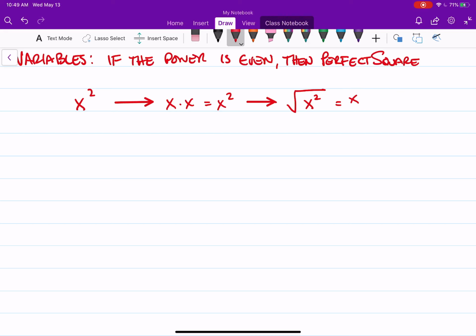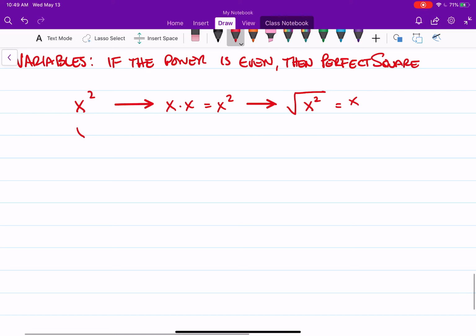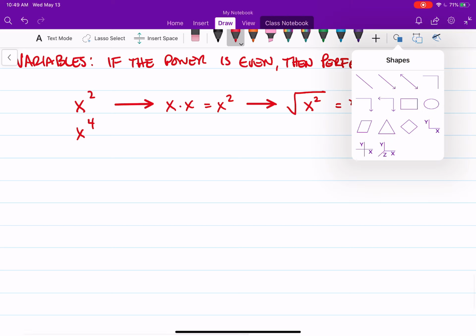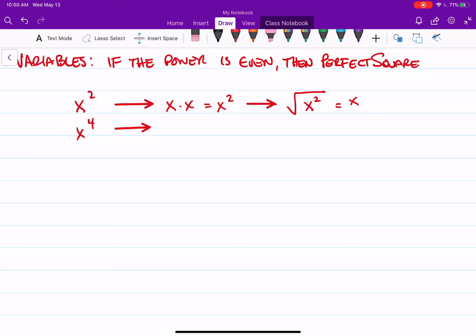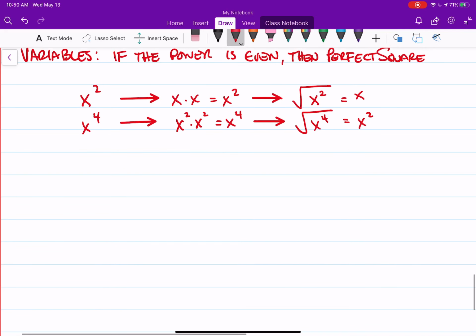Okay? So if you look at this statement, there's actually a couple of lessons right in there. Okay? X to the 4th is a perfect square because x squared times x squared gives you x to the 4th. Okay? It's 2 numbers. All right? Which means that the square root of x to the 4th is equal to x squared. Okay? Let's do one more.